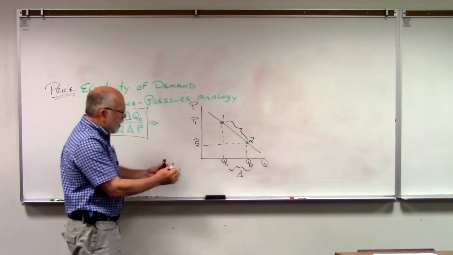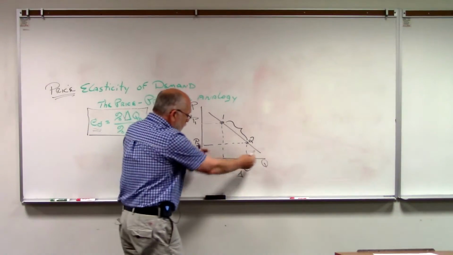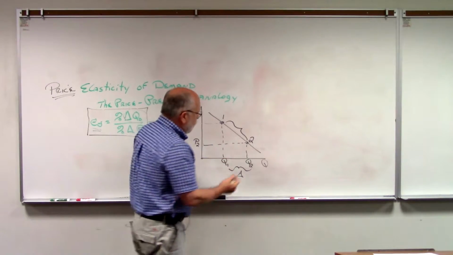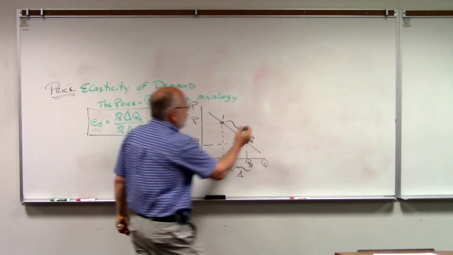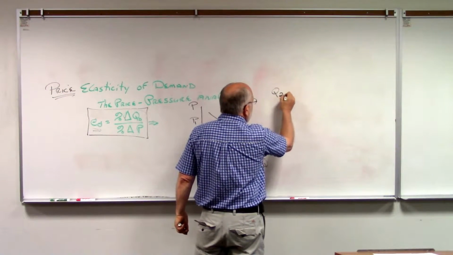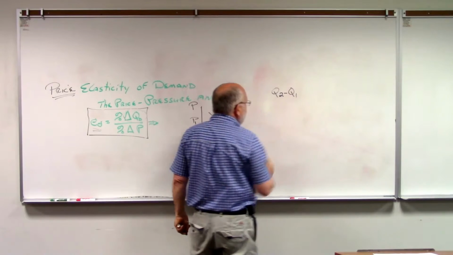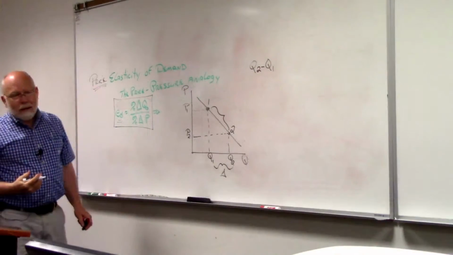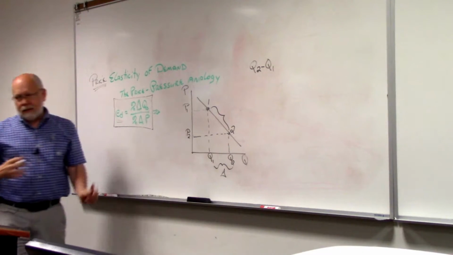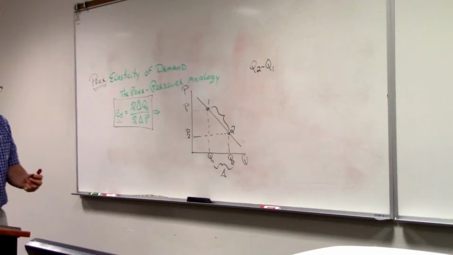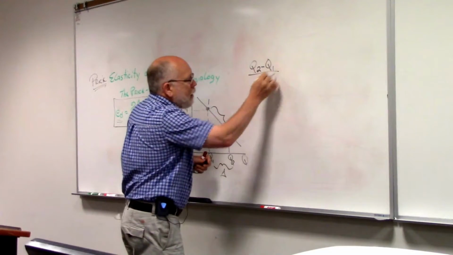That's the change as we go from 1 to 2. So we can start out with getting this delta Q by saying Q2 minus Q1. That's the delta. But we don't want just the delta. We want the percent delta. Well, we've got to have a reference point. We've got to divide it by a reference point.